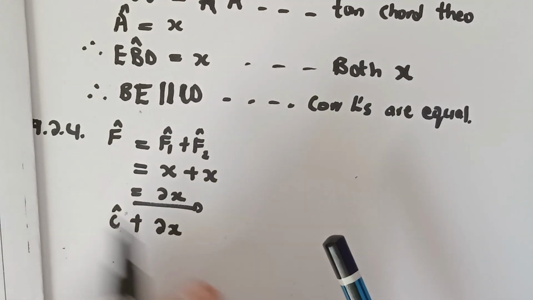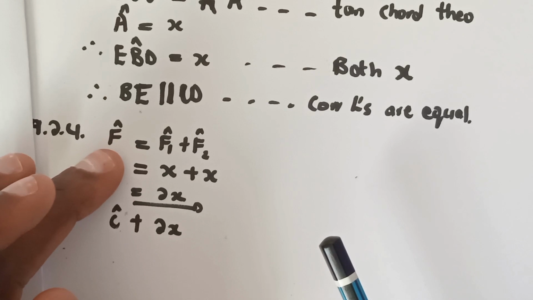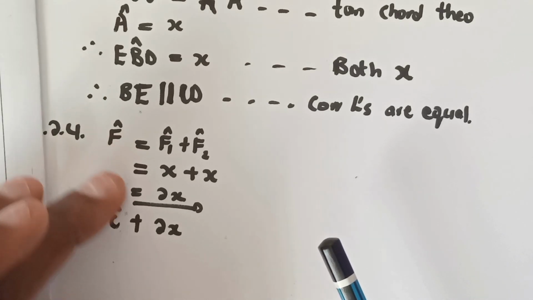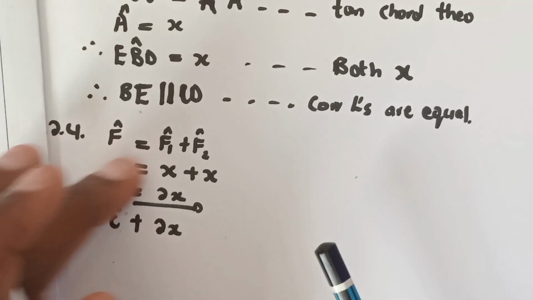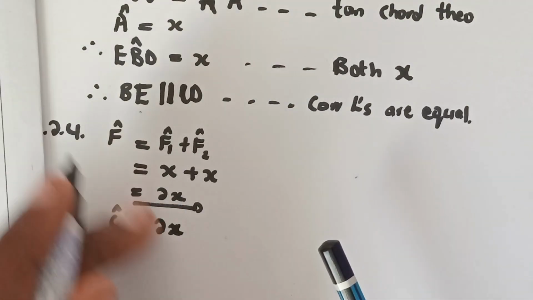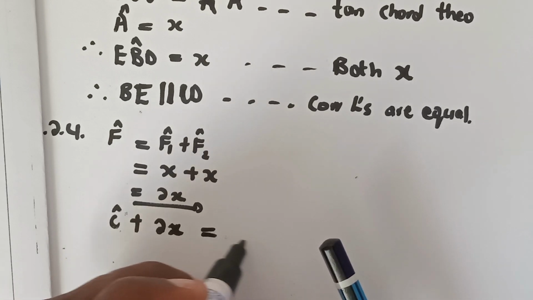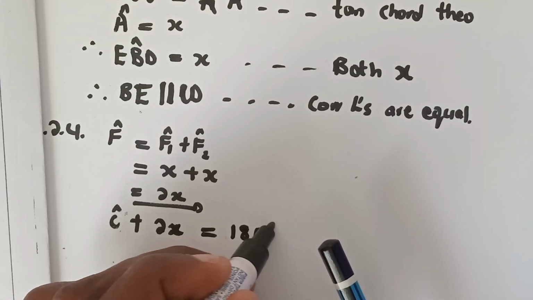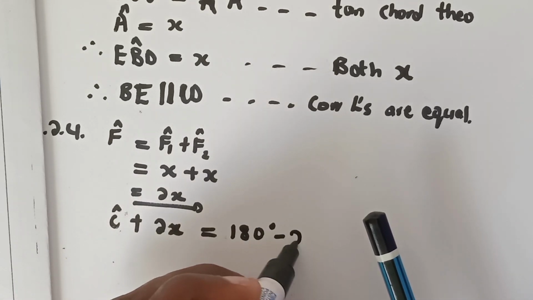We know that angle F is equal to 2x, so we are replacing angle F here with 2x. Then we say it is equal to 180 minus.